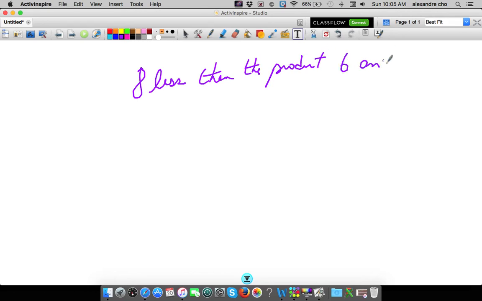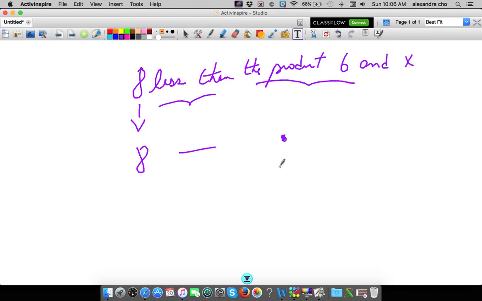Which expression represents the phrase below? 8 less than the product of 6 and a number, 6 and x. Okay, we call that number x. So right under it, I'm going to write 8, because 8 means 8. Less than to me means subtraction.